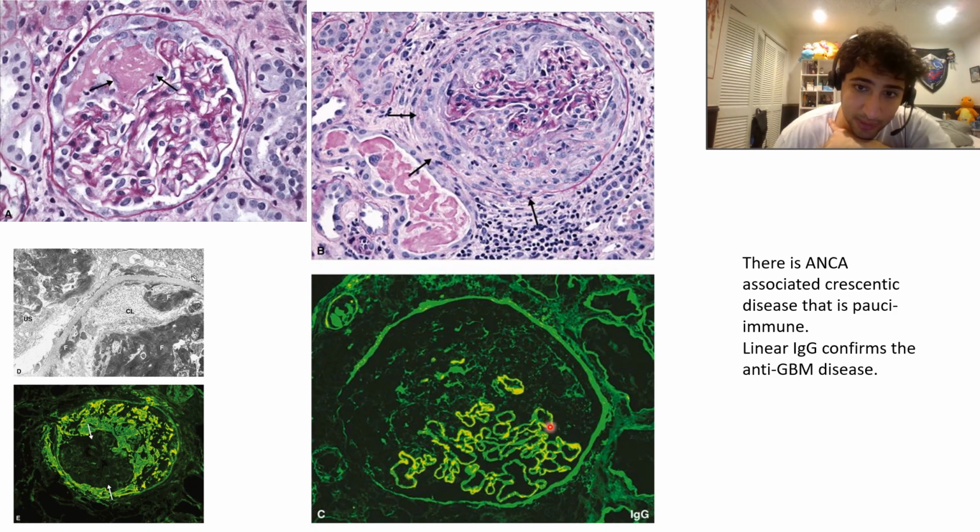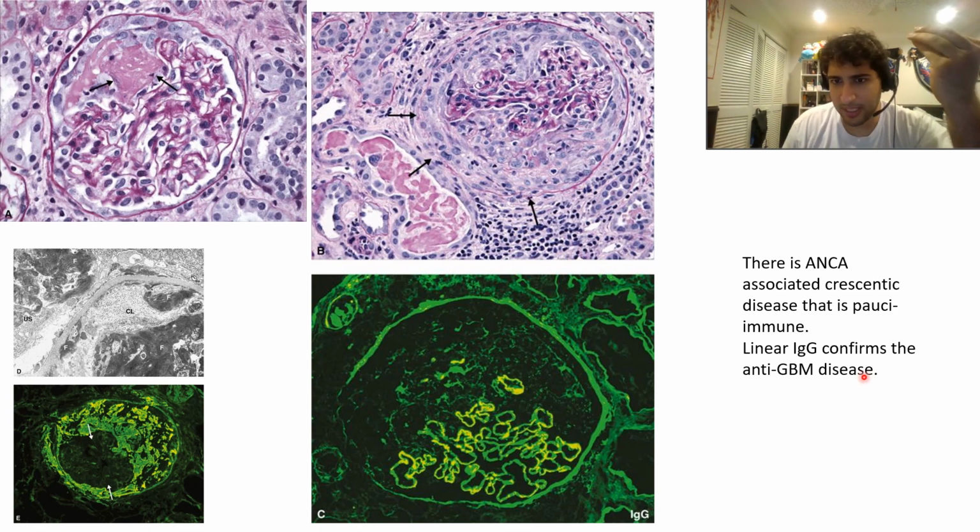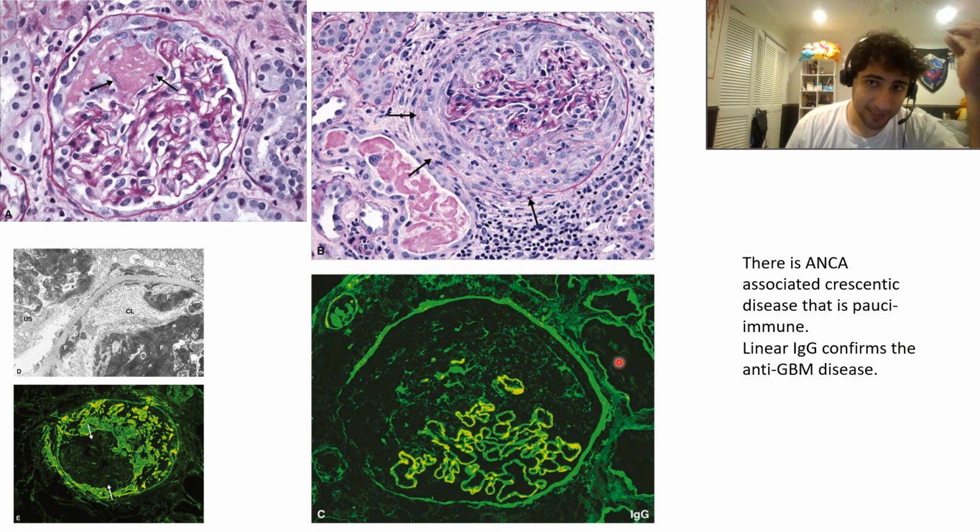And it really forms these ribbons. And that linear deposition of it, forming this fine ribbon, is what confirms anti-GBM disease. Let's say you had this picture over here, and your light microscopy didn't look like that. That's called pauci-immune. It doesn't really look like there's an immune antibody stimulus. Then you have to consider things like granulomatosis with polyangiitis, etc. The ANCA vasculitis.